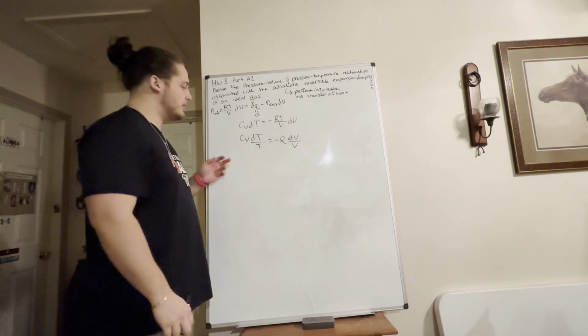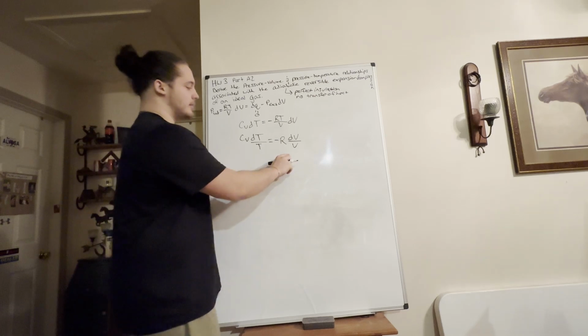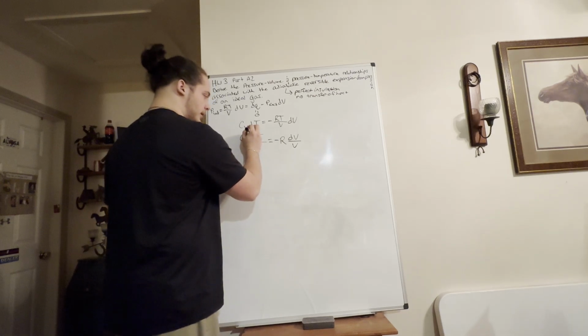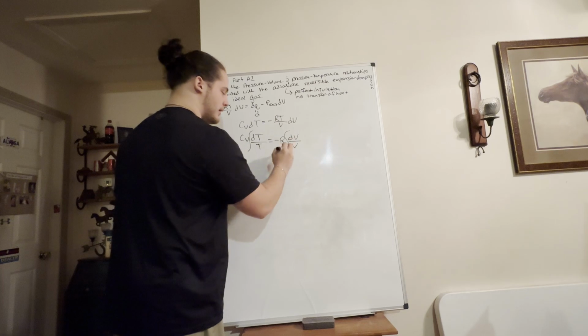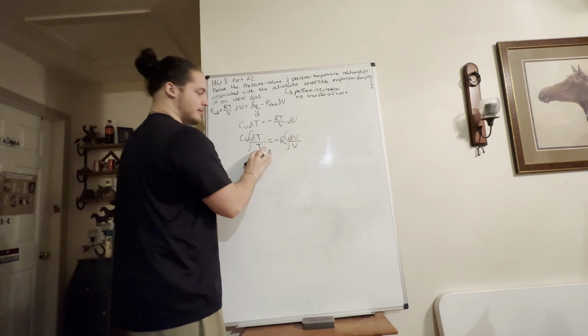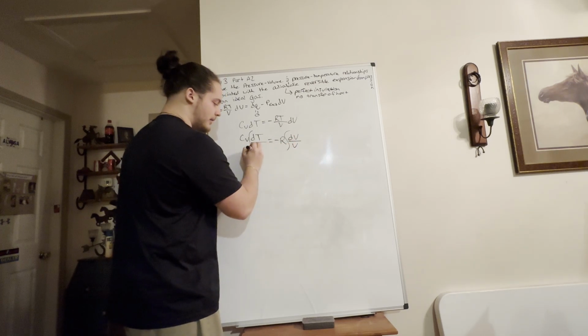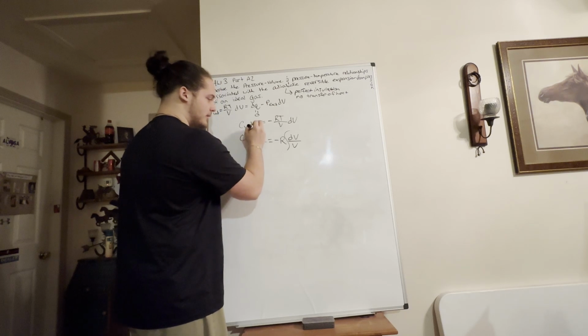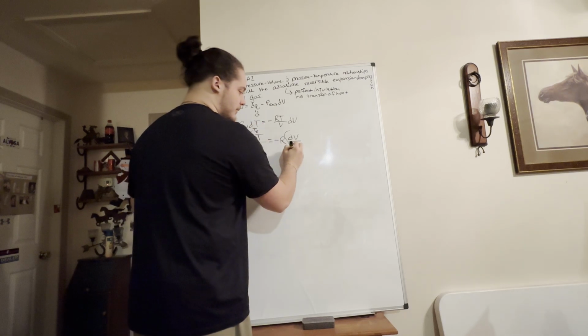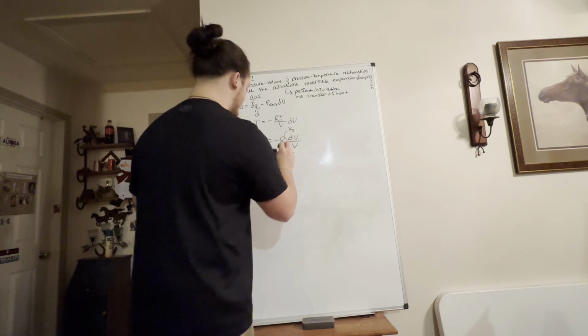We are now going to integrate on both sides of the expression, from the initial to the final temperature and volume. We can denote that as T1 to T2 and V1 to V2.